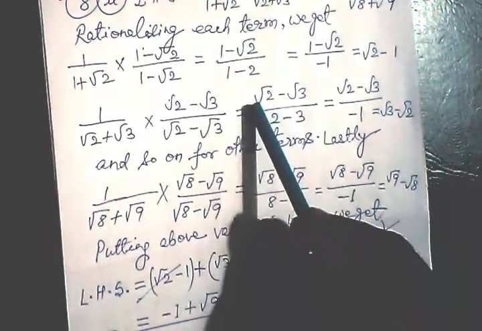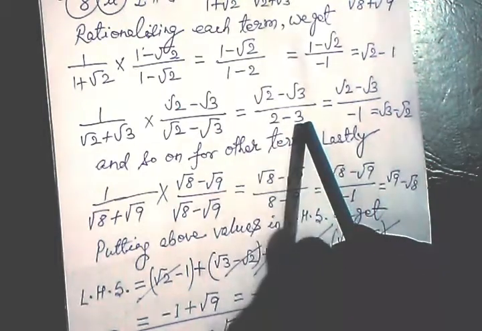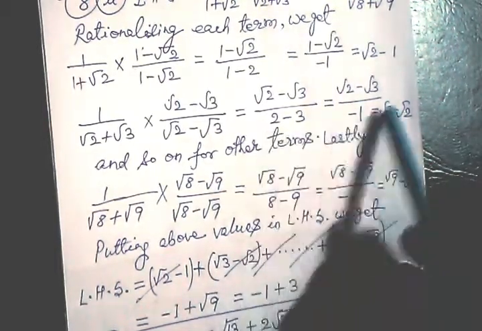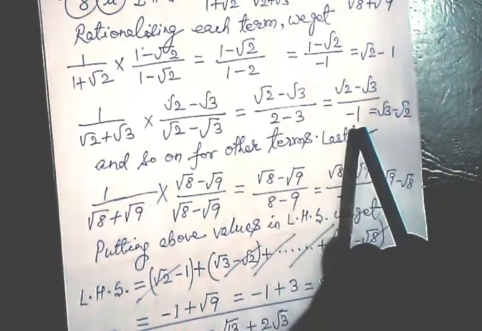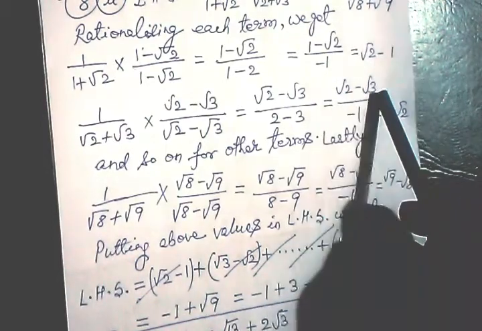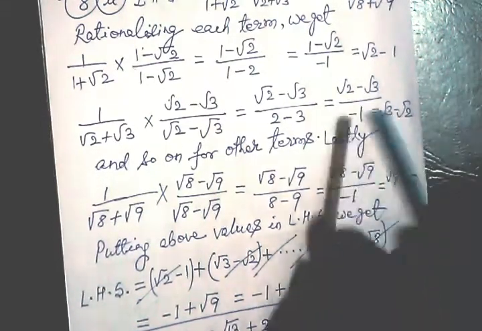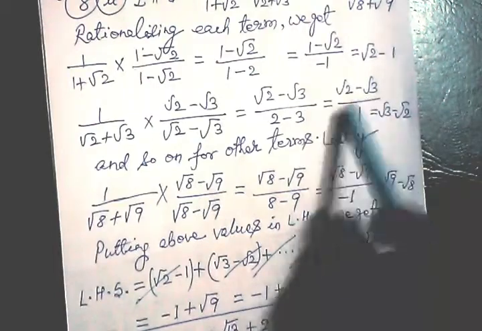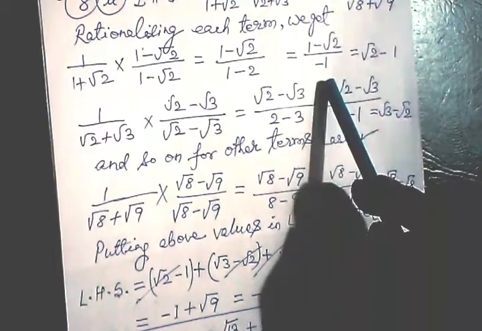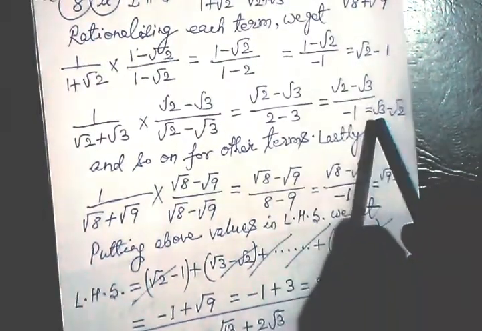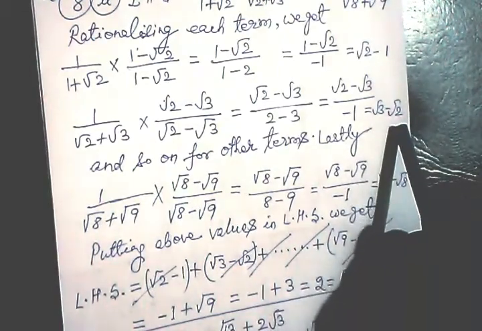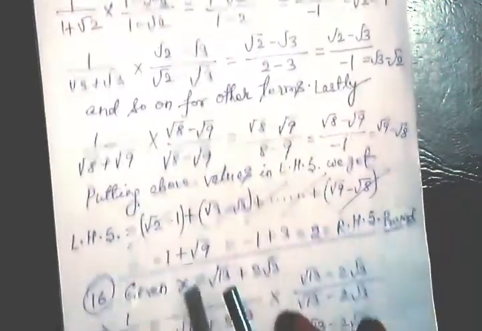You will get root 2 minus root 3 upon 2 minus 3. Again in the denominator it is minus 1. If we shift this minus 1 to the numerator, the sign will change, and here it is root 3 minus root 2. Okay, now moving ahead.